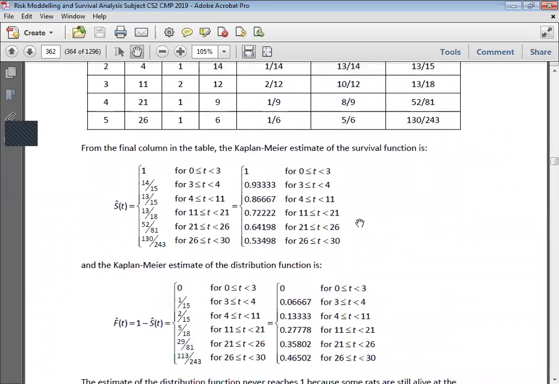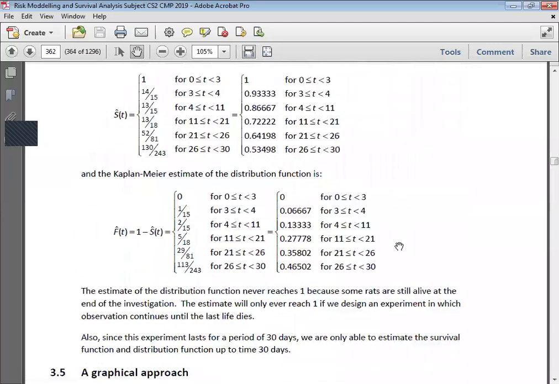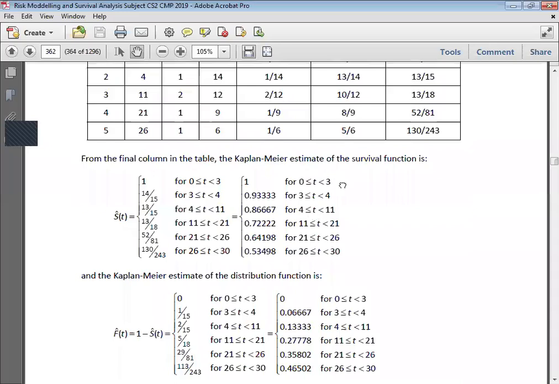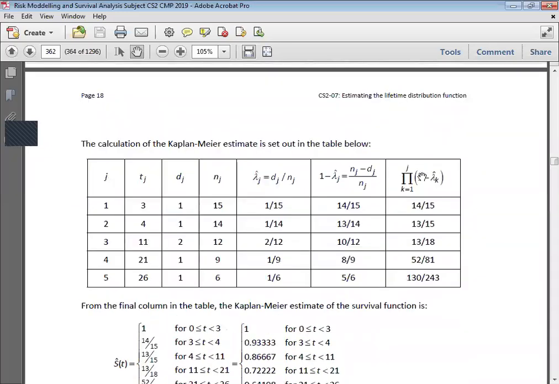And then 1 minus these values will give you the rate at which these rats are expected to be dead, which you denote as F hat of t, again because we're looking at the estimator, because we have some data set. So these are estimates, and this is how you will figure it out. This in all denotes the survival function using the Kaplan-Meier estimate, and the Kaplan-Meier estimate is nothing but this particular thing that we did here. So let me just take you back.